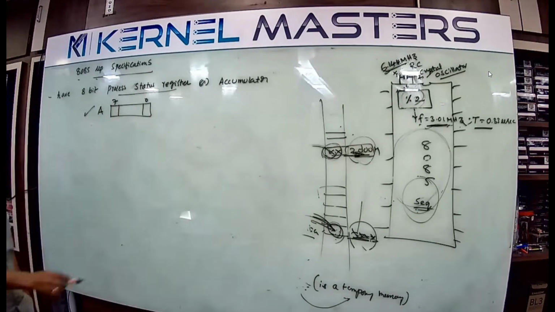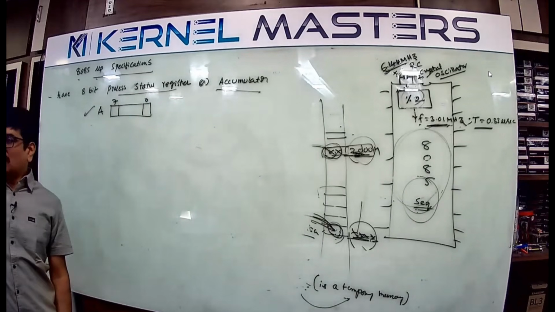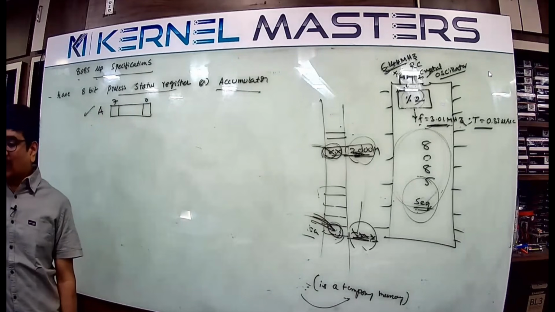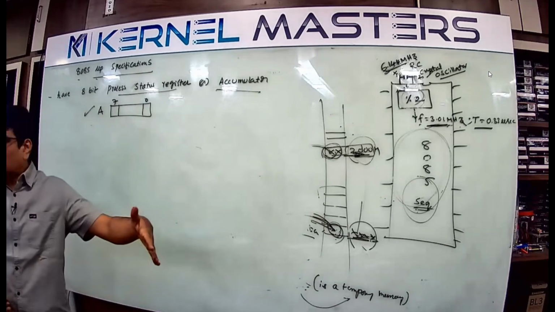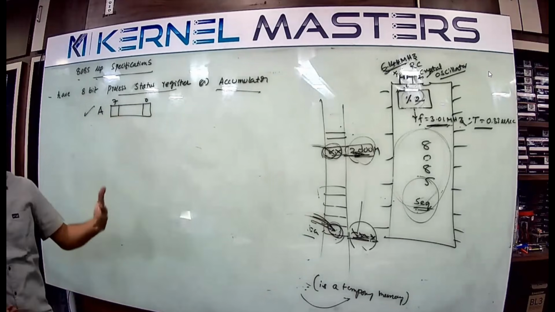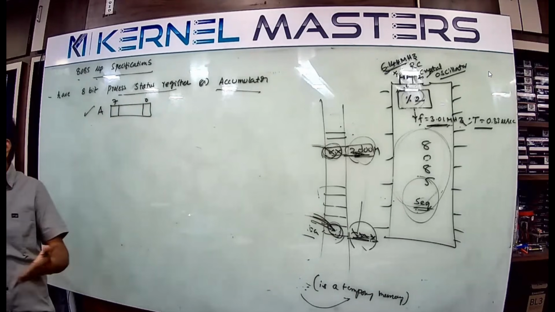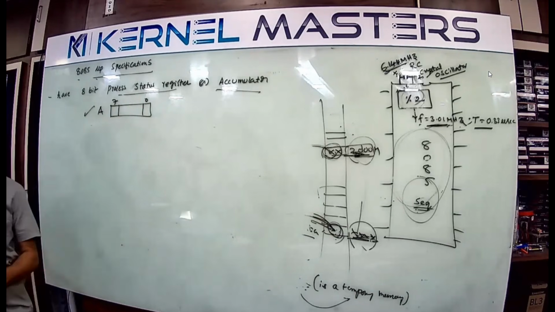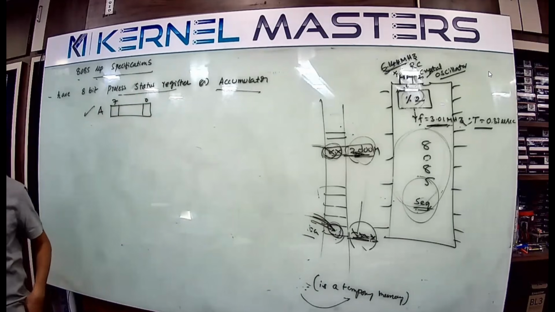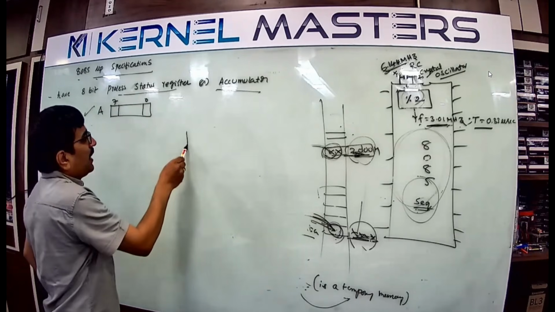Why a separate one? The accumulator can store the recent result of the system, the last result, so you can find out the current status of your computer. That is why it is a kind of process status. ALU, you know.